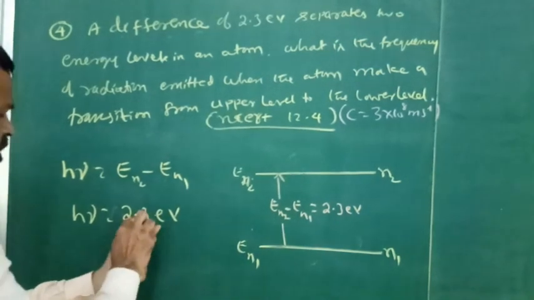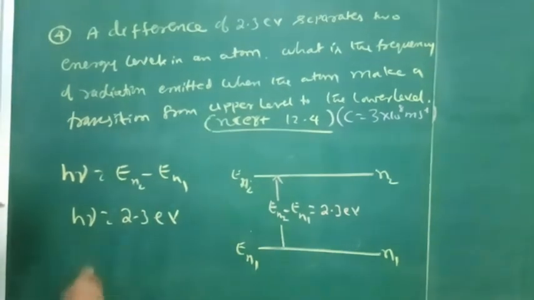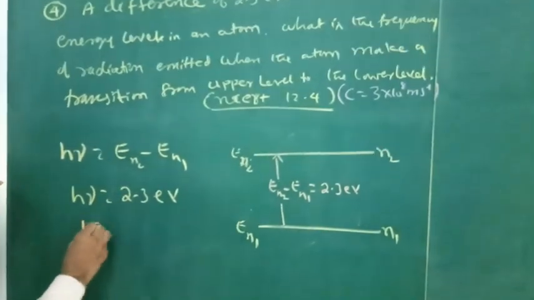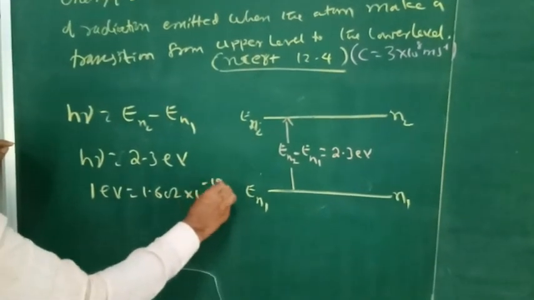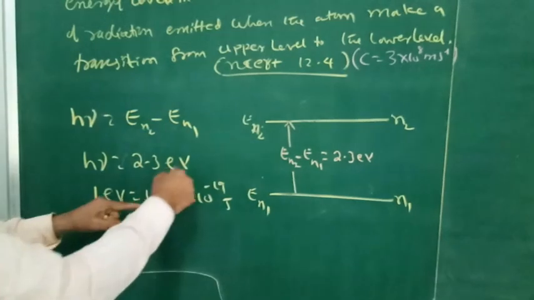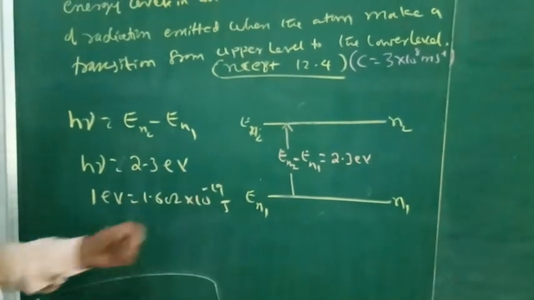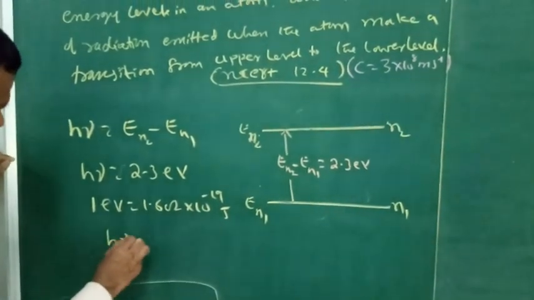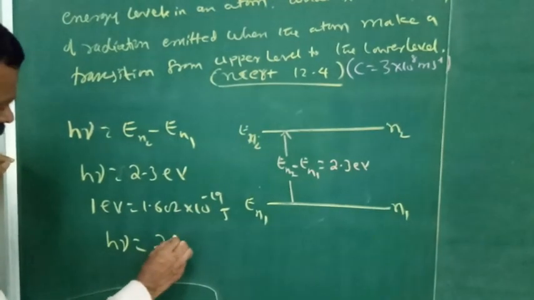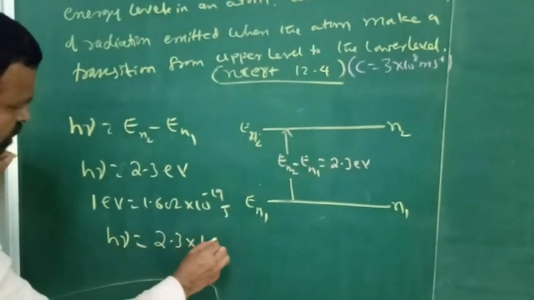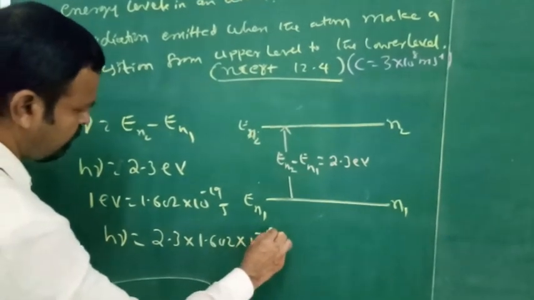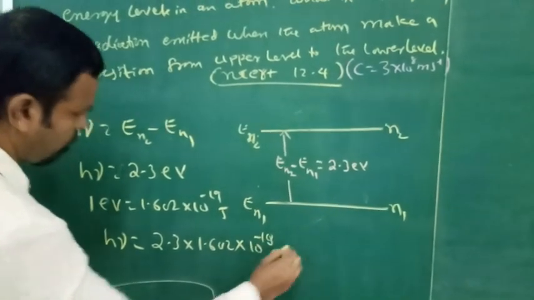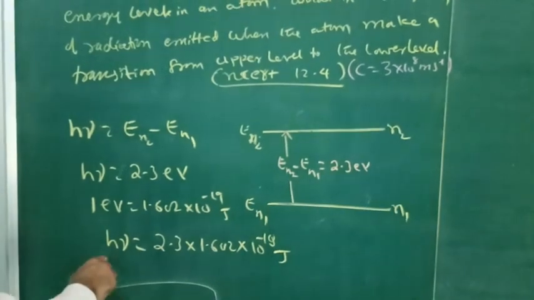Therefore, energy should be in joule. You know very well, 1 eV is equal to 1.602 into 10 power of minus 19 joule. So convert that eV into joule, that is h nu is equal to 2.3 into 1.602 into 10 power of minus 19 joule.